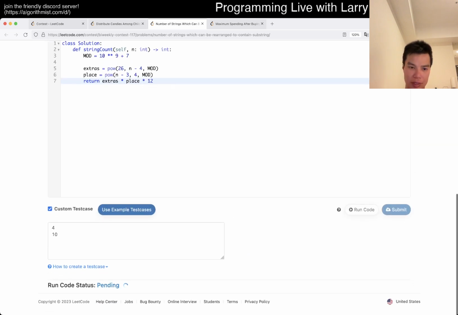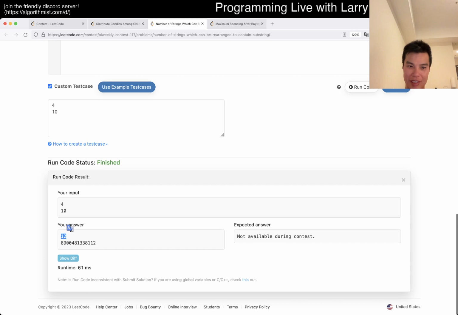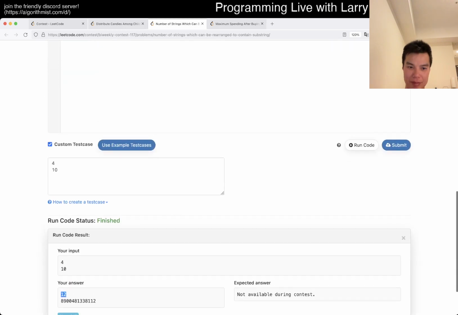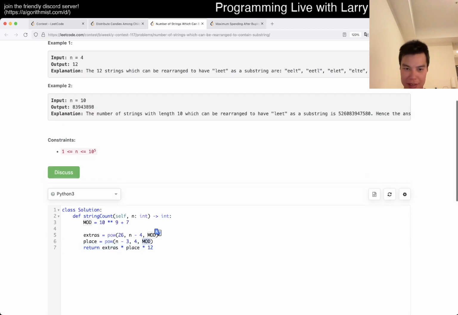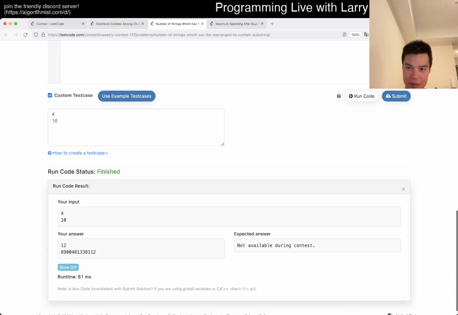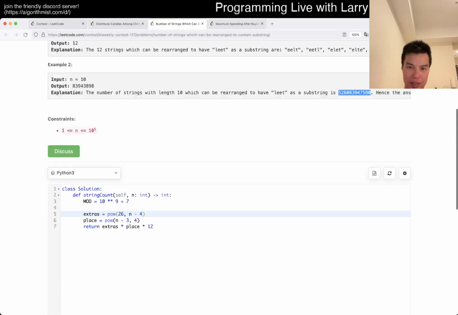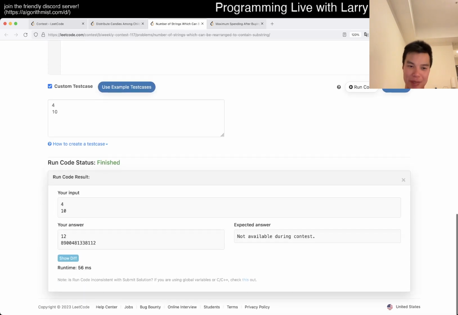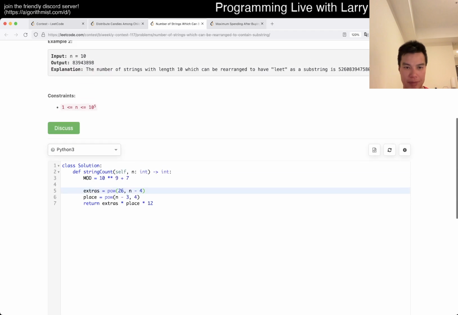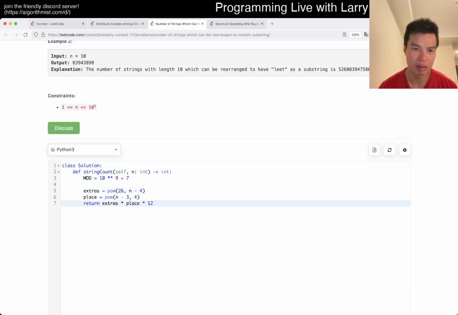Just want it real quick. At least get this one right. Okay, I think this mod is actually kind of... I want to see if the 10 matches the big number without the thing. Okay, the 12 is right, but this one's not so good. Is this wrong?